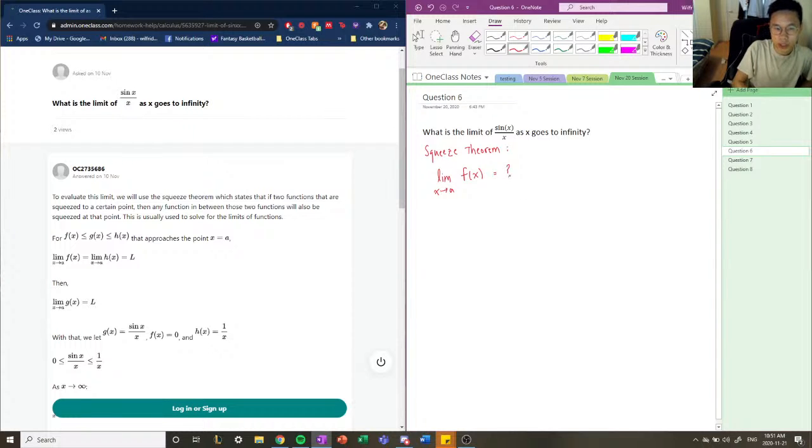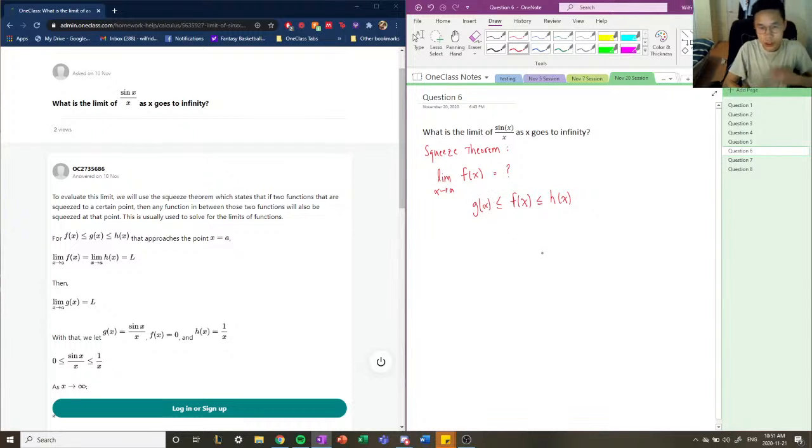Well, the squeeze theorem suggests that we take our function f of x and we squeeze it. So we need to know that the range of f of x is less than or equal to, let's say, h of x, okay? So we find another function that will always be greater than or equal to f of x. And we find another function that will always be less than or equal to f of x, okay?